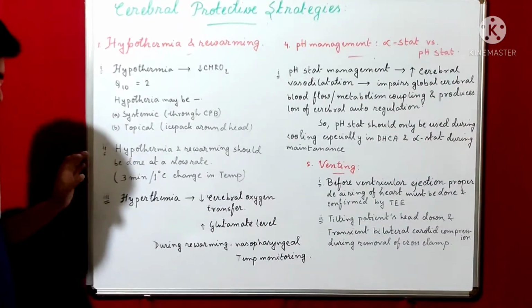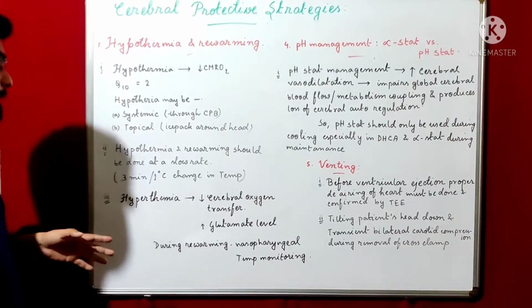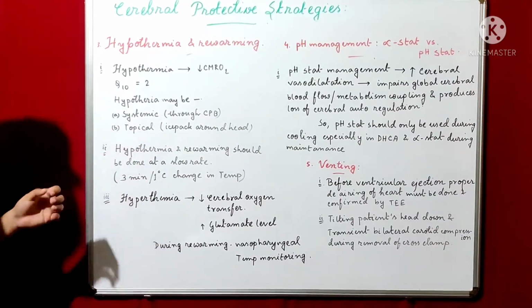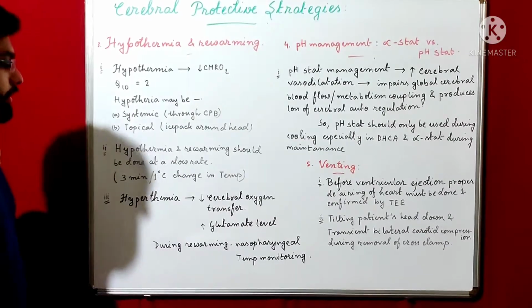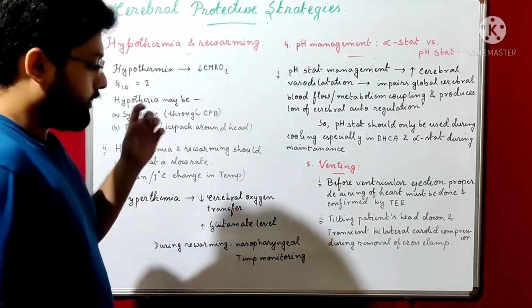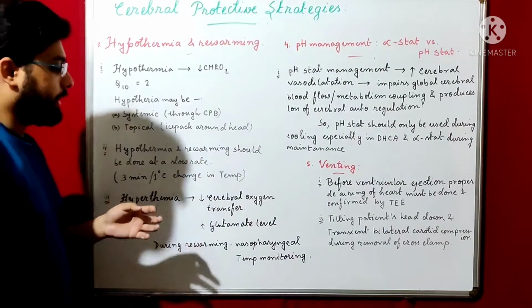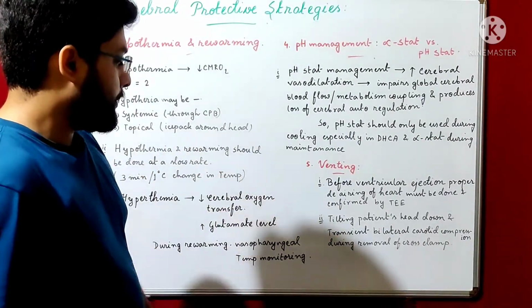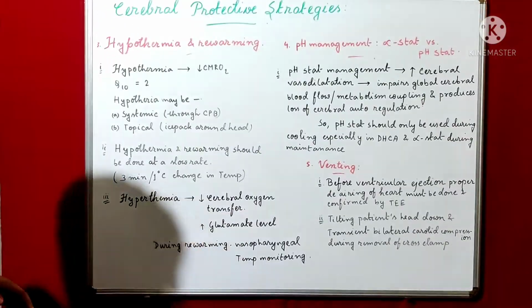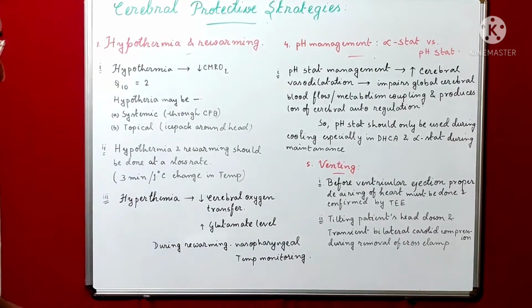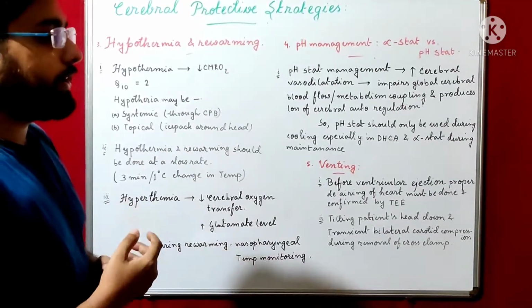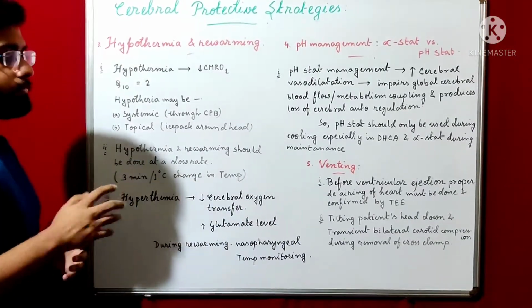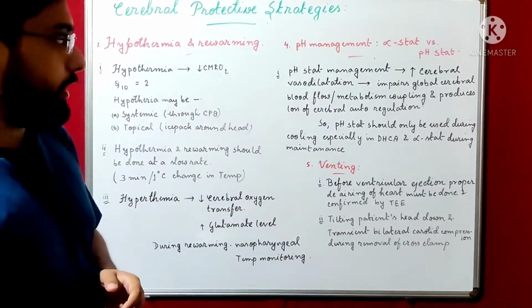So we must monitor temperature during rewarming to prevent any accidental hyperthermia, and for monitoring cerebral temperature, nasopharyngeal temperature monitoring is the most convenient way, because that reflects the temperature of the core of the body.